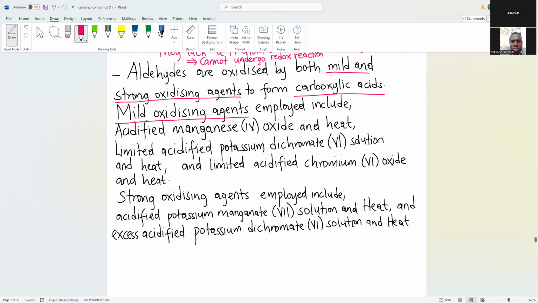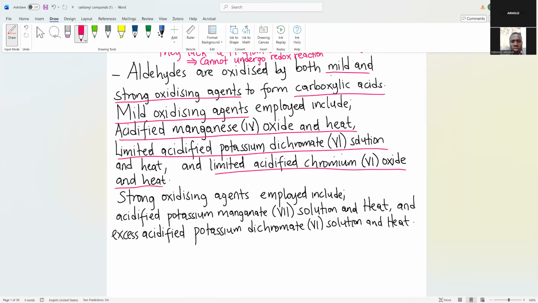They include acidified manganate(VII) and heat, and I am emphasizing that. Then we can also have limited acidified potassium dichromate(VI) solution and heat, and limited acidified chromium(VI) oxide and heat. Those are some of the examples.